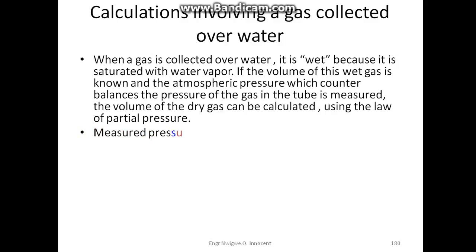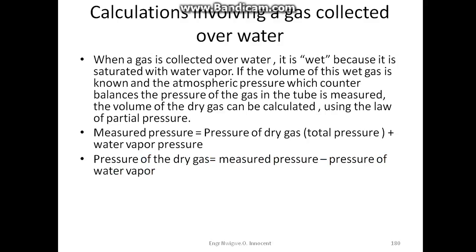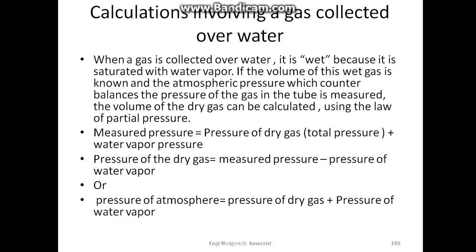Measured pressure equals pressure of dry gas plus water vapor pressure. Pressure of the dry gas equals measured pressure minus pressure of the water vapor, or pressure of atmosphere equals pressure of dry gas plus pressure of water vapor.